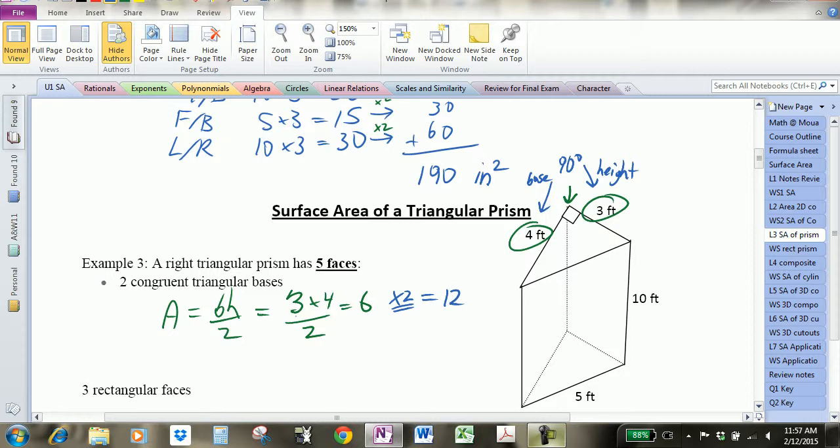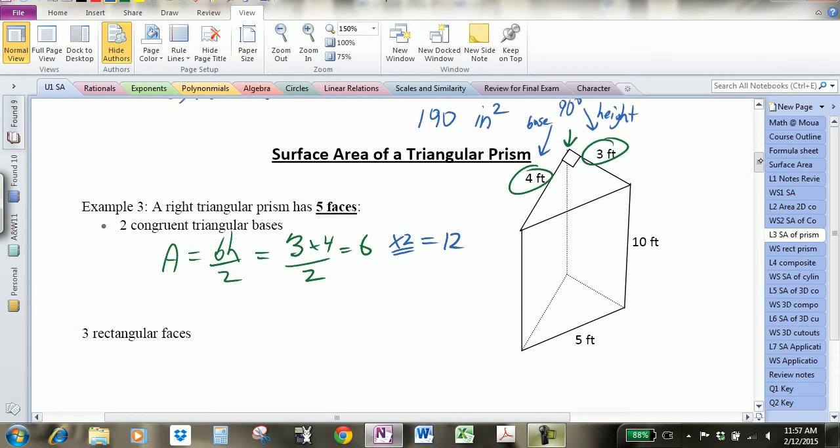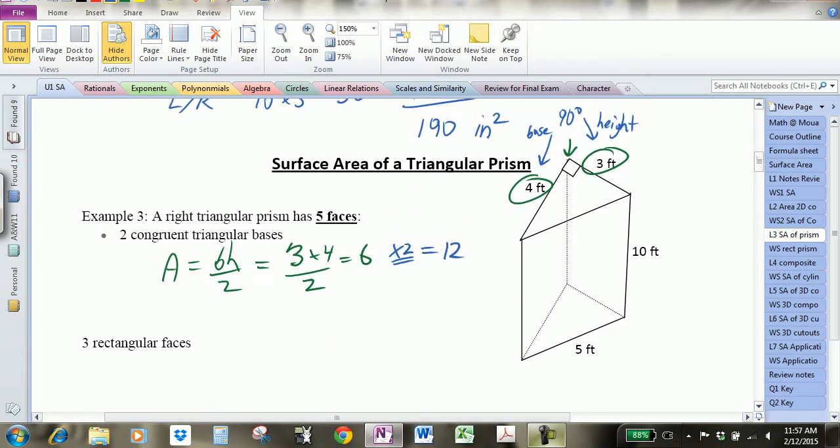Yes. Okay. Good. So next thing you have is 3 rectangular faces, and this is where you have to be careful. So each face has a height of 10. One of them is going to be 5 by 10, one is 3 by 10, and the other is 4 by 10.